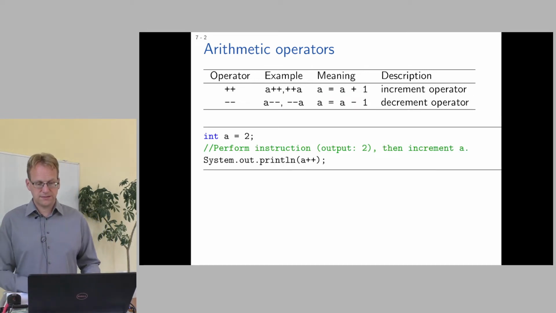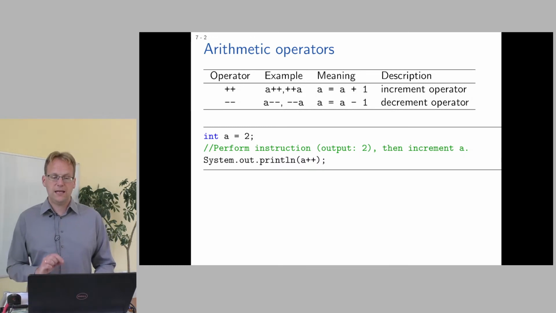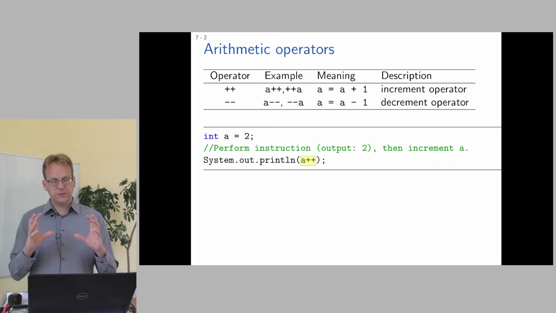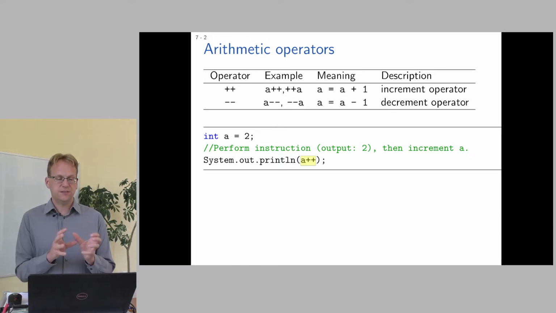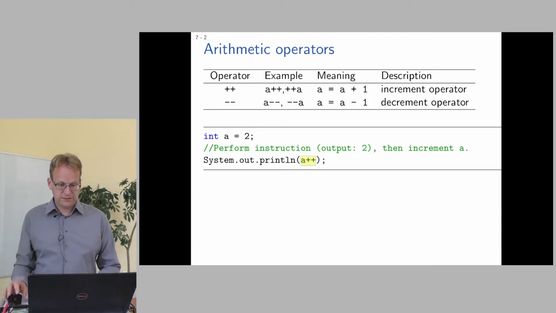Let's get now to the difference between a plus plus and plus plus a. So the difference here is that, of course, such expressions like a plus plus often occur within larger expressions. So here, for example, we take variable a, current value is 2, and then what we do is basically, first of all, we print the current value in a to the system output.